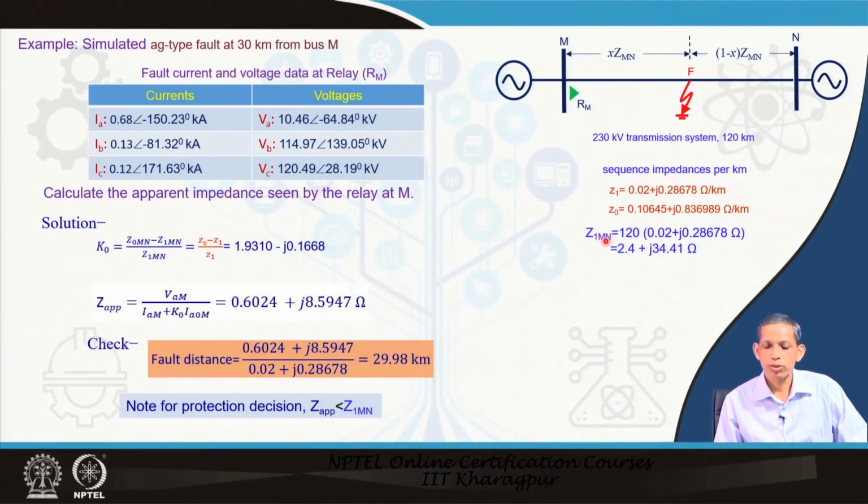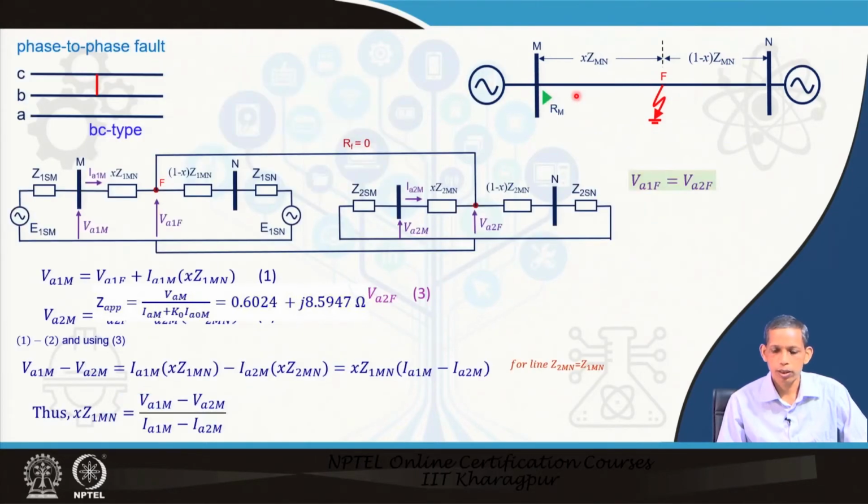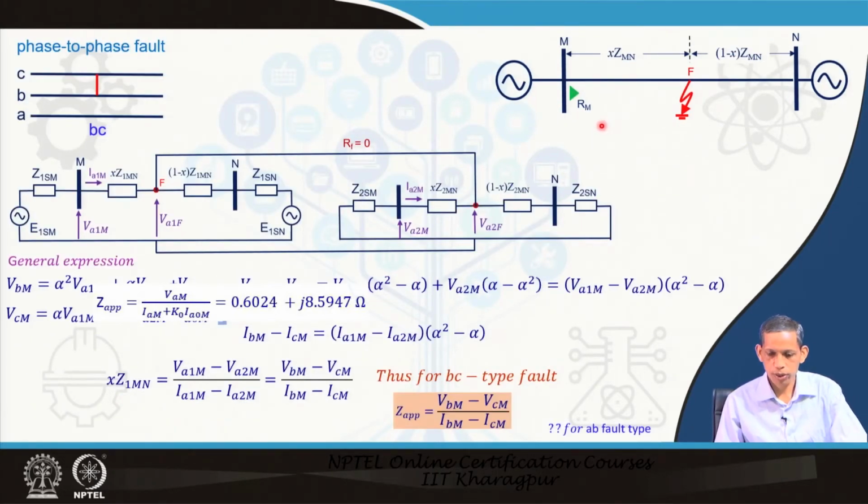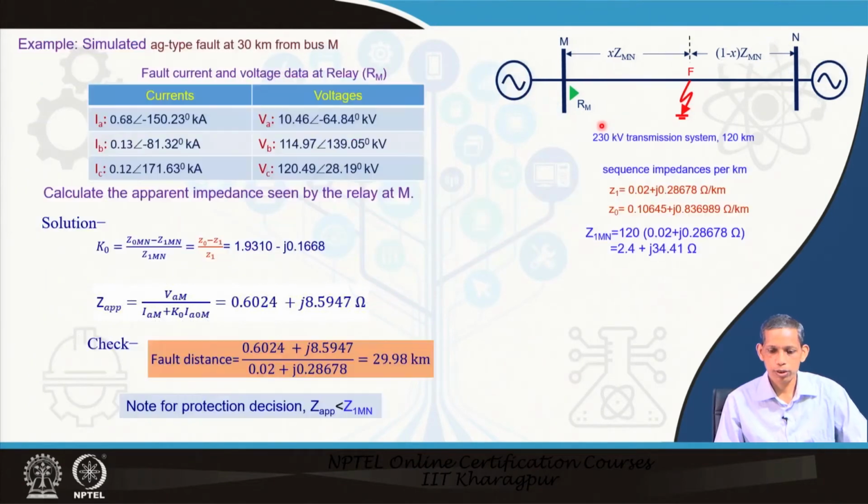The Z1 positive sequence impedance can be computed as 120 into the per kilometer positive sequence impedance, and the total zero sequence impedance of the line is also 120 into this part. Now, let us see the data available during the fault. The fault is carried out again at the same point, 30 kilometers from the relay bus RM, for this 120 kilometer line.